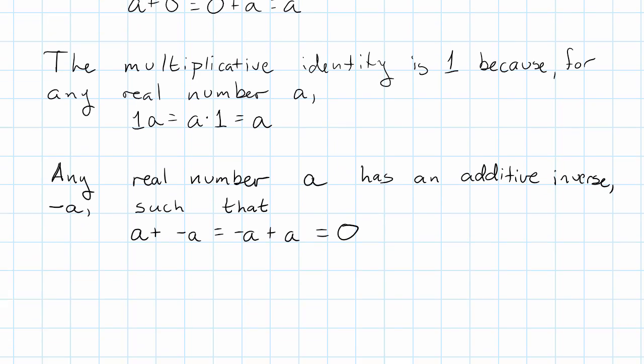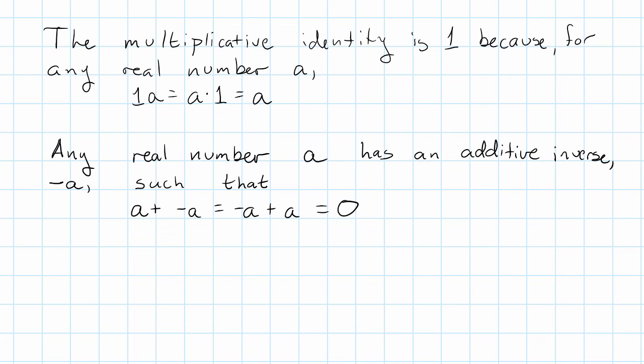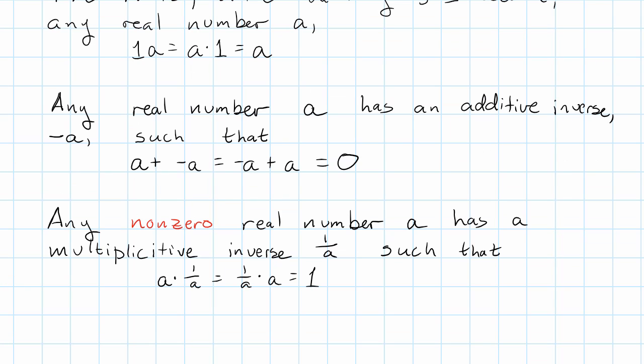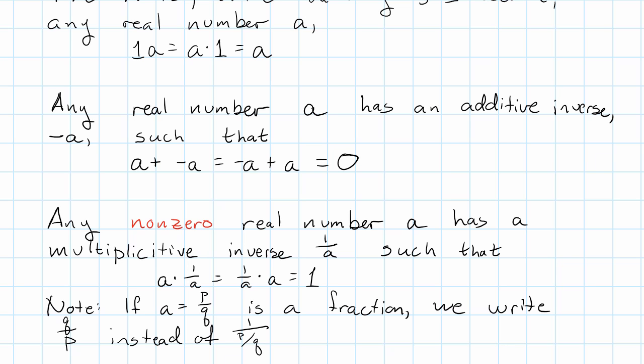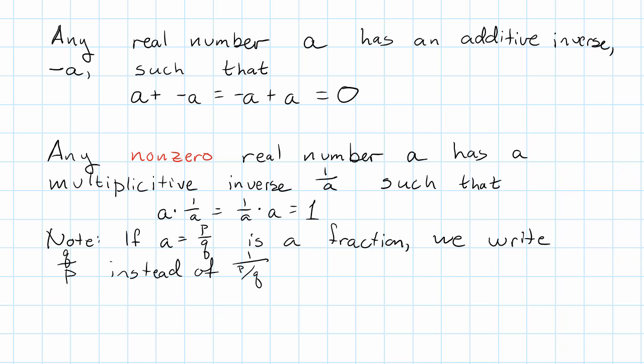The multiplicative inverse property, note the complication here, says any non-zero real number a has a multiplicative inverse, the reciprocal of a, such that a times the reciprocal of a equals the reciprocal of a times a equals 1. Also note, if a is a fraction p over q, we write q over p instead of 1 over p over q.